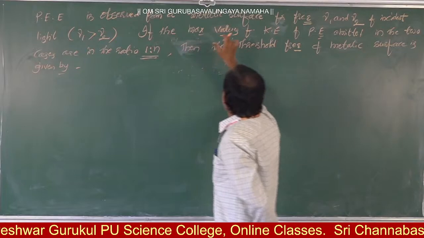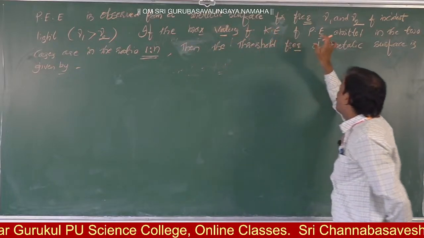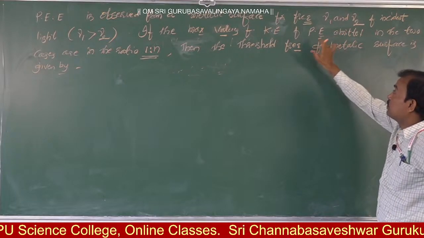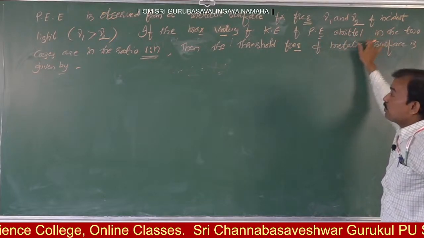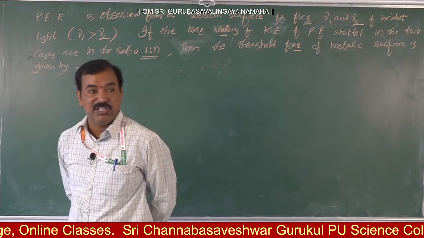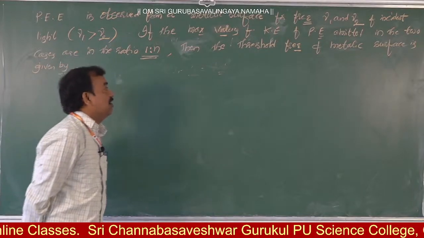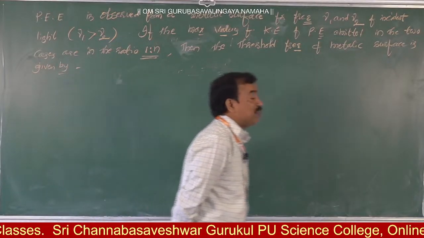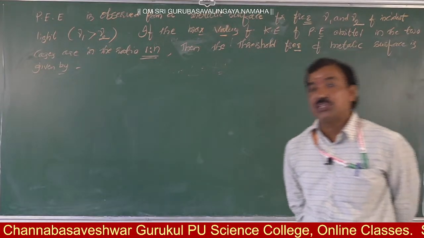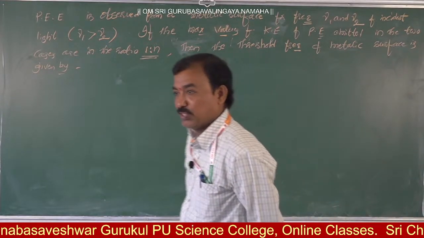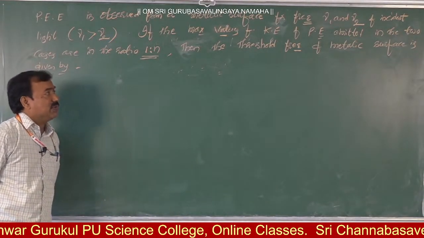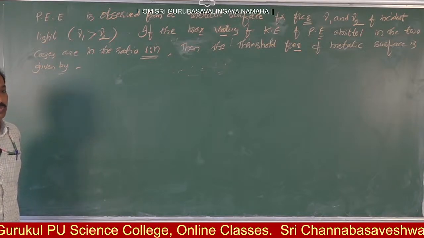If the maximum values of the kinetic energy of the photoelectrons emitted in the two cases are in the ratio 1:n, then what is the threshold frequency of the metallic surface? Just one second, think about this sum. What is the value of the threshold frequency?